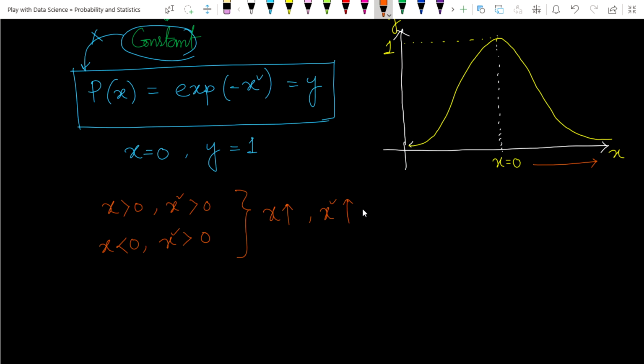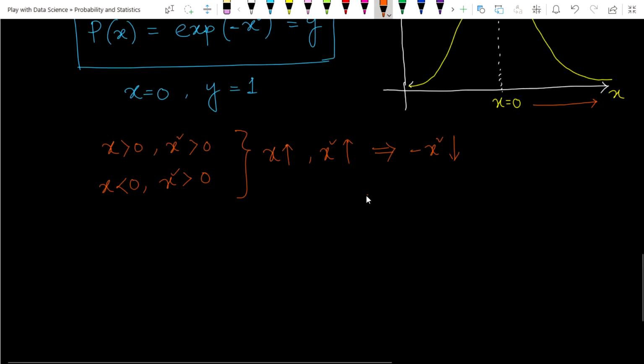If x square is increased, that means minus x square is decreased. That implies that exponential of minus x square is also decreased.